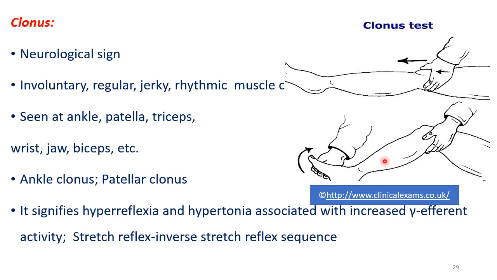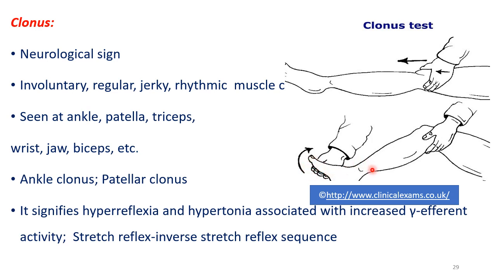So these muscle spindles, via their gamma efferents, will send bursts of impulses to the muscle, that is the gastrocnemius muscle, and then it will cause the plantar flexion of the foot. Plantar flexion of the foot will occur, and then the foot goes down.